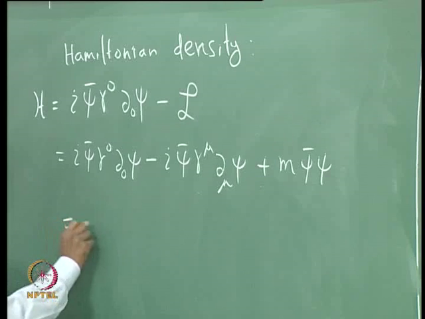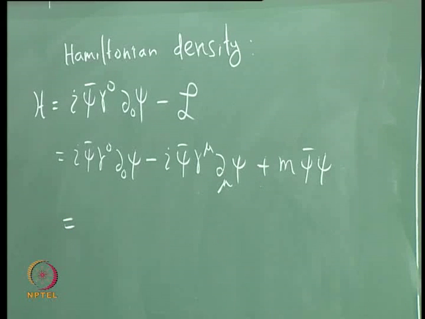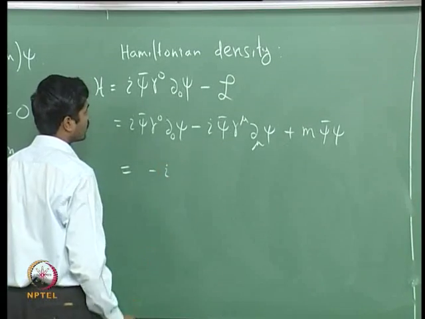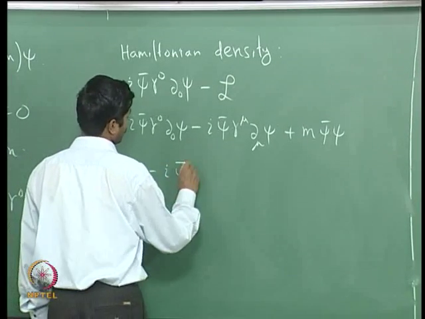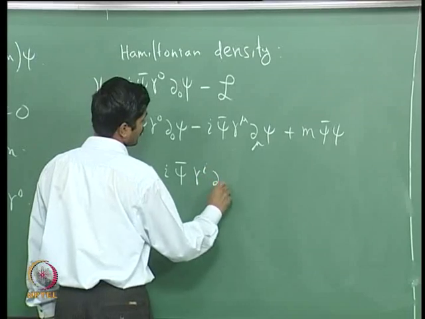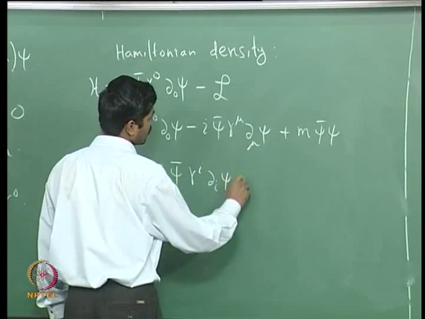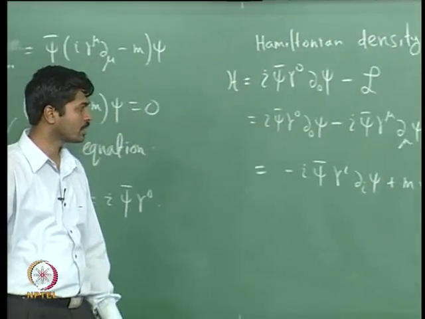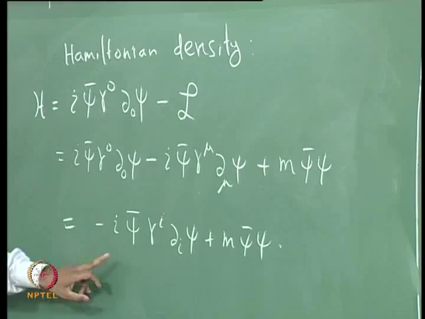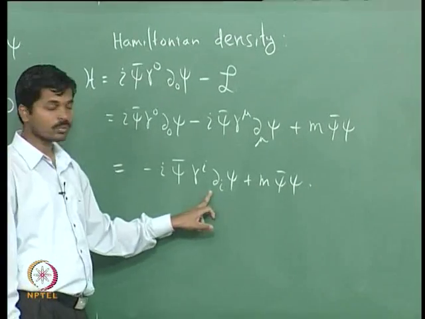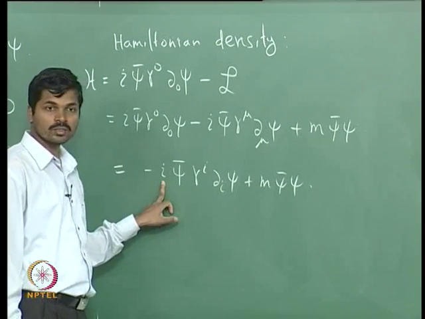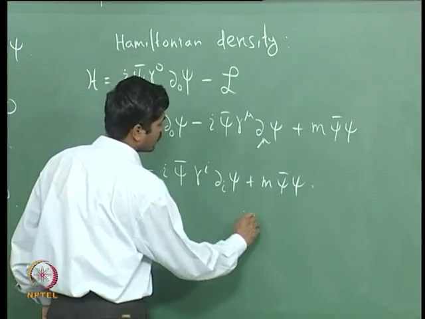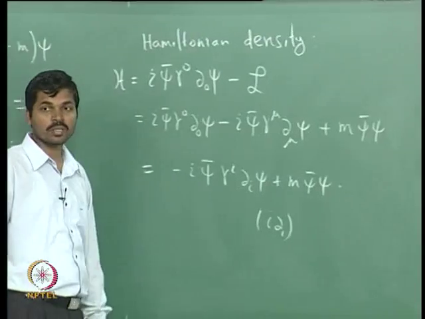So, this is simply minus i psi bar gamma i del i psi plus m psi bar psi. Now, you know why I have inserted this factor of i here, because i del i, this is a Hermitian operator, right.